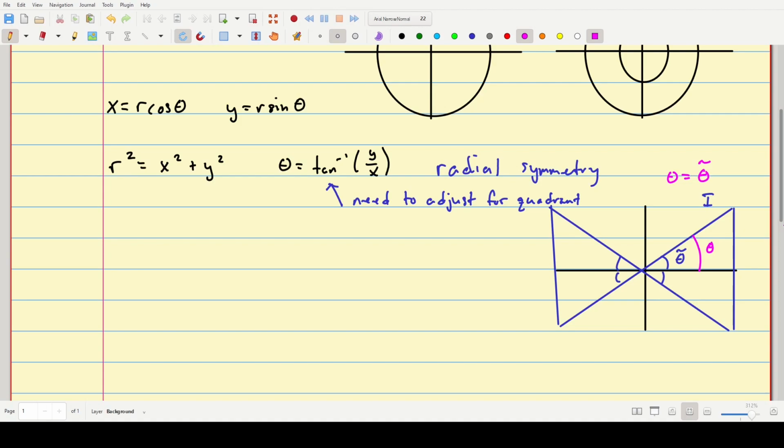In quadrant 2, theta, which is this angle, is equal to pi minus the reference angle.